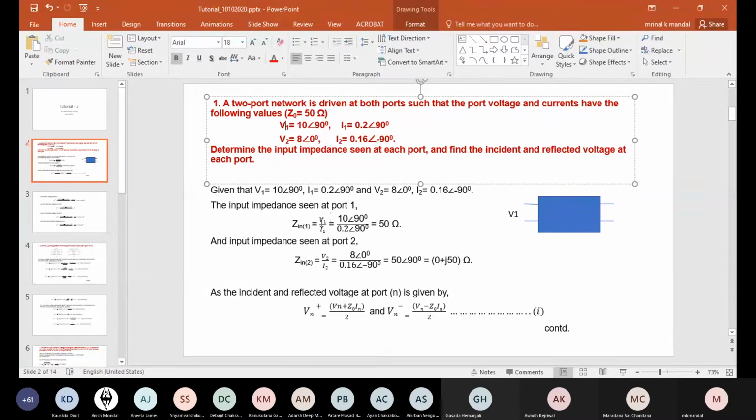So just take V1 by I1. You do it. It's coming 50 ohm. You should check it.